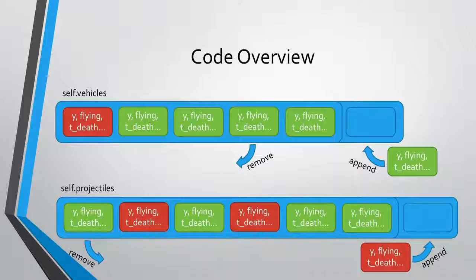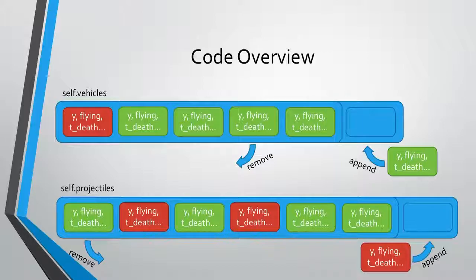So when the level starts, the self.vehicles array is populated by the user vehicle and then a bunch of other drone vehicles. And as any of those vehicles get destroyed, they are removed from that array and are no longer operated upon. Same thing with the self.projectiles.